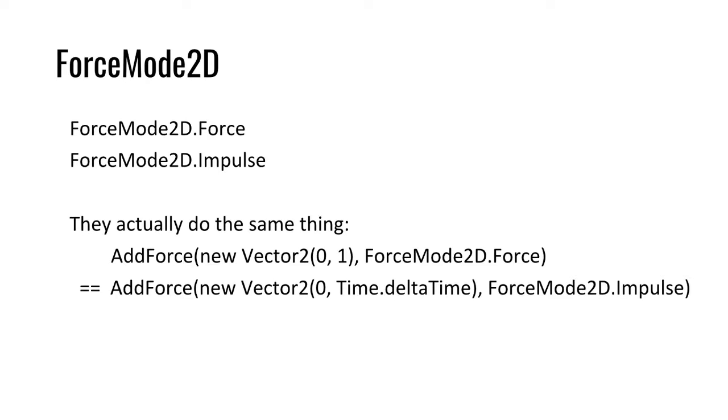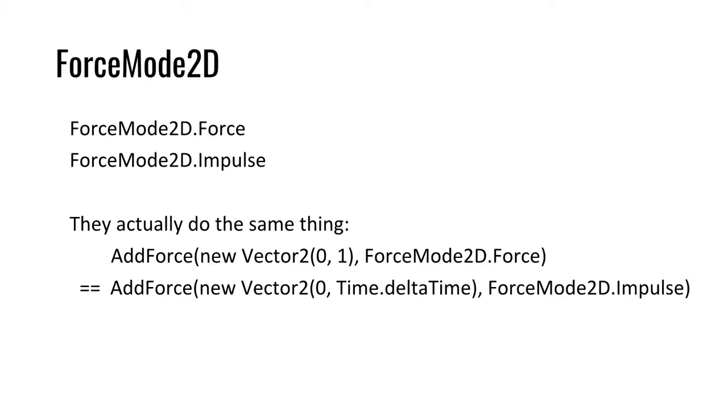Force is going to apply an acceleration over time, but an impulse is going to add an instantaneous force to that object. So think pushing something over time, or like launching something. So if you want something to, say, jump, then you want to use impulse.